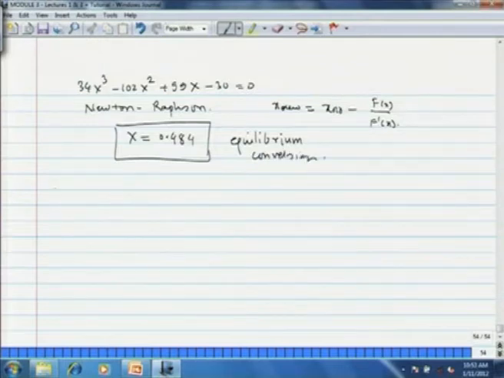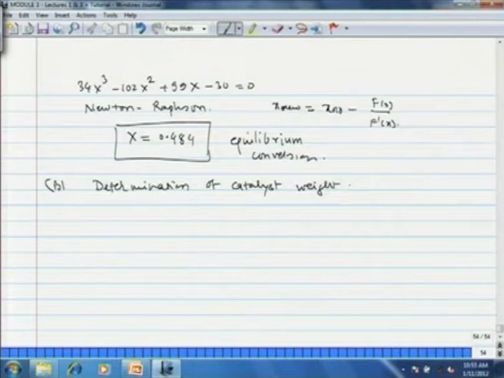Now the second question is about determination of the catalyst weight required for 95% of conversion.